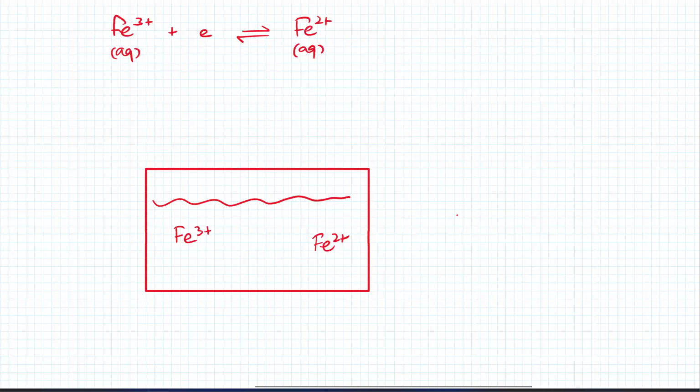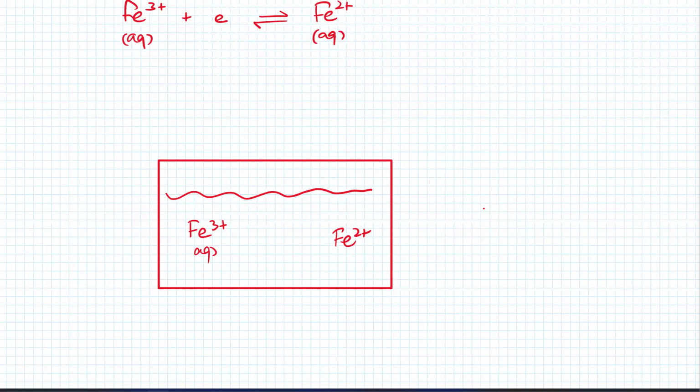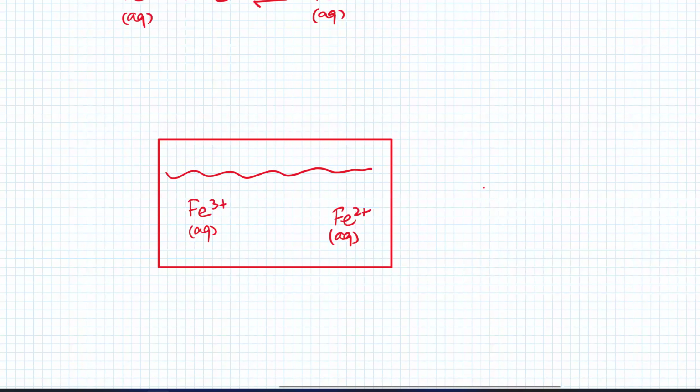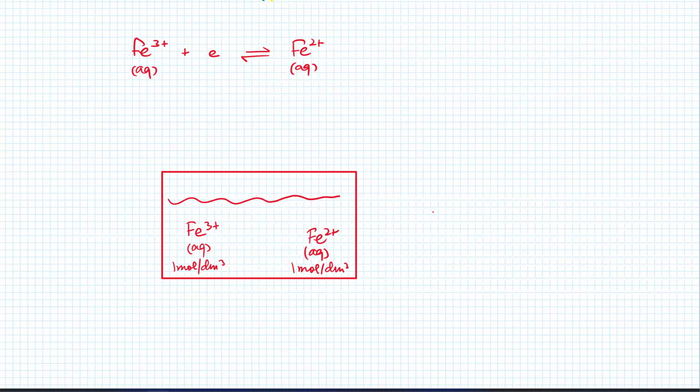Just mix them up. But remember, they're going to be 1 mole per dm cube each. So I've added all of them into the solution.